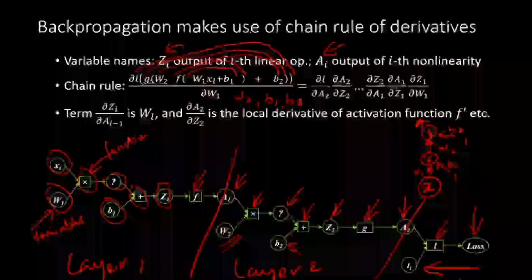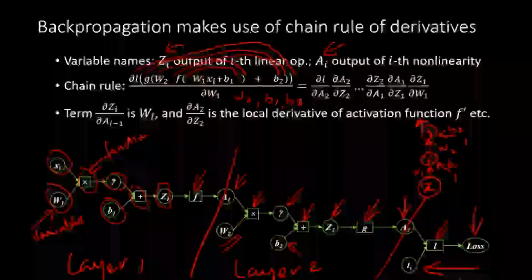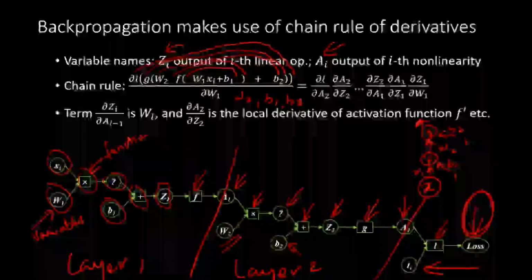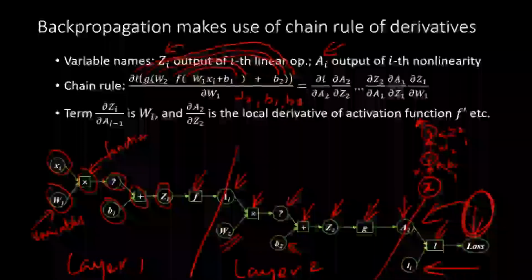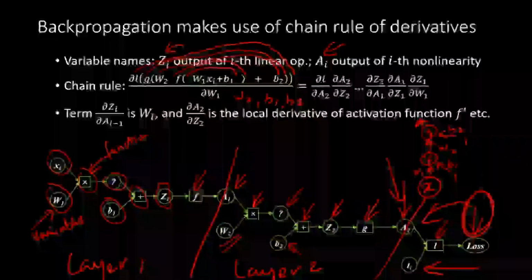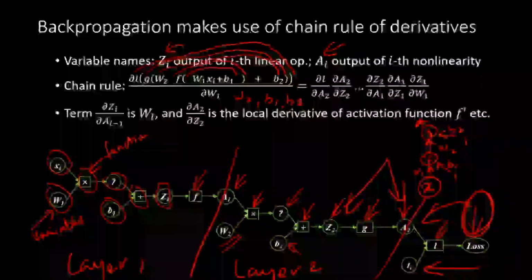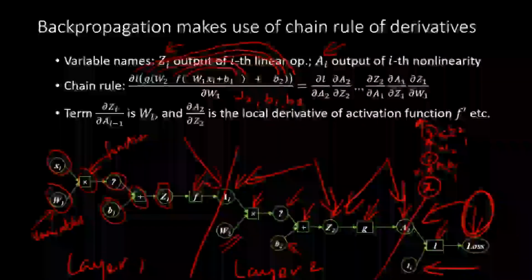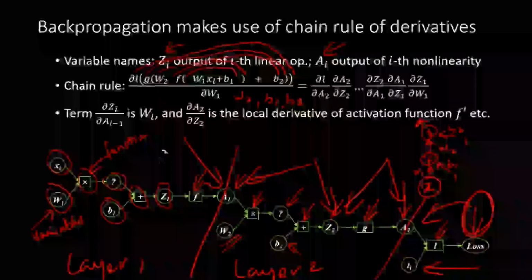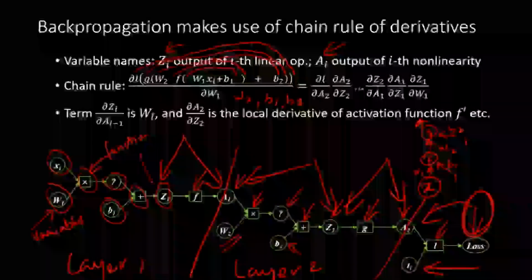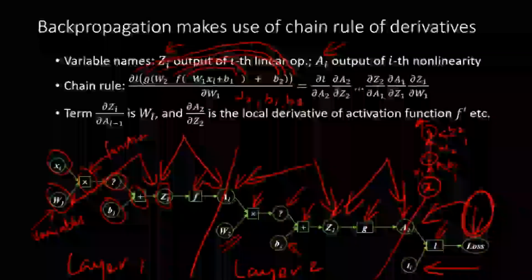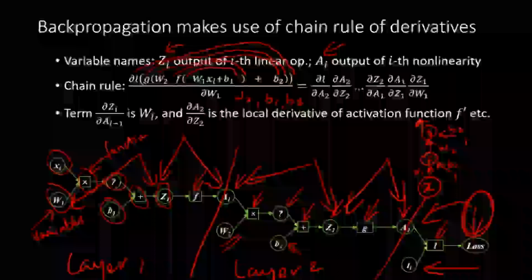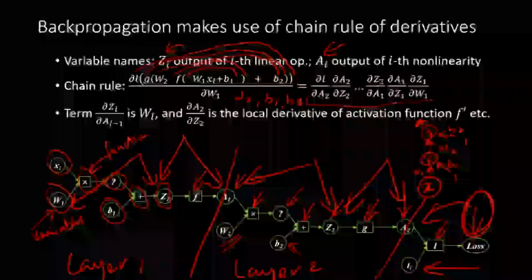So what we are saying is that we will take the partial derivative of the loss with respect to A2, then multiply it with the partial derivative of A2 with respect to Z2, and then the partial derivative of Z2 with respect to A1, and then the partial derivative of A1 with respect to Z1, and then the partial derivative of Z1 with respect to W1. That's basically what we will be doing. So that's nothing more complicated than that. So that is what is reflected here in the chain rule.